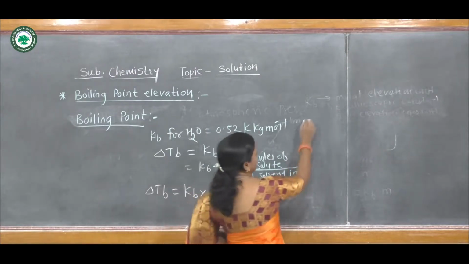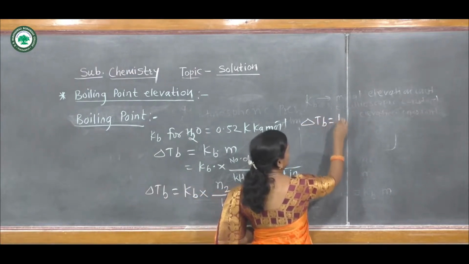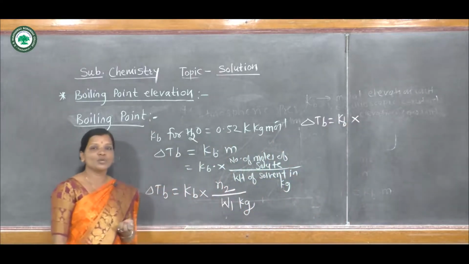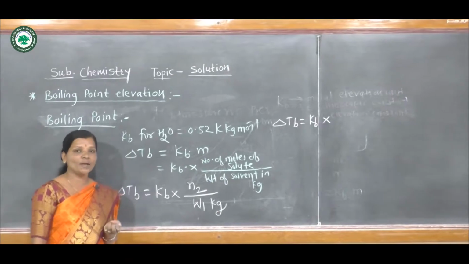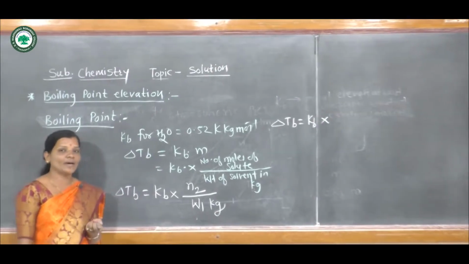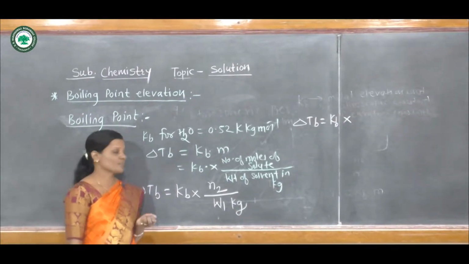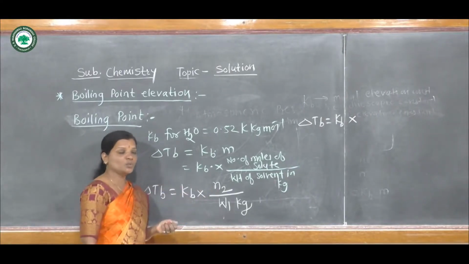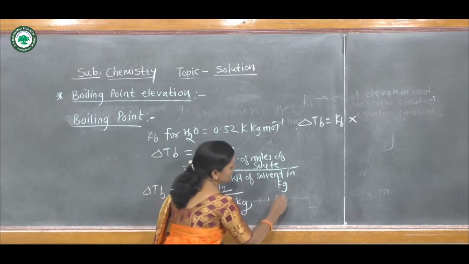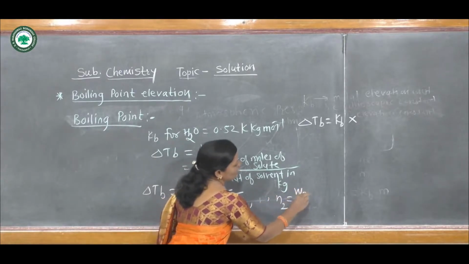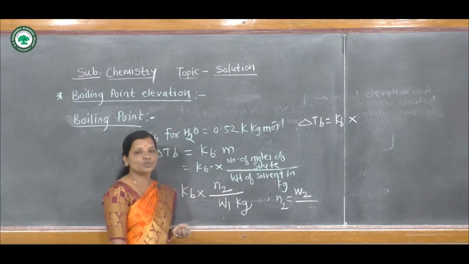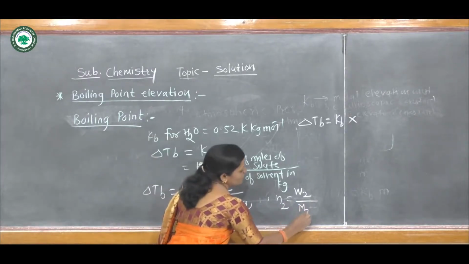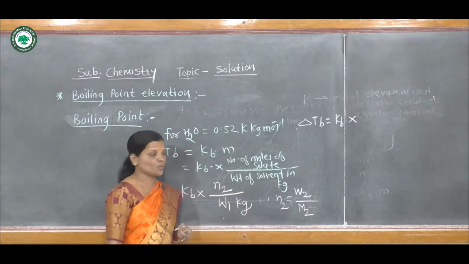Delta Tb is equal to Kb into the number of moles of solute, n2, and this n2 is given by W2, the weight of solute present in the solution, divided by its molar mass, M2.